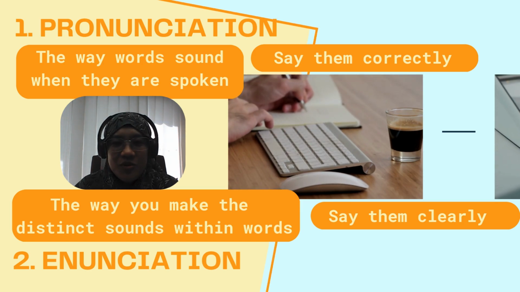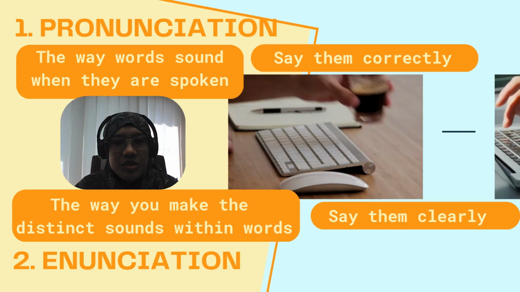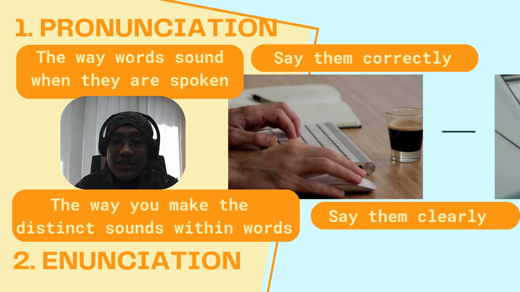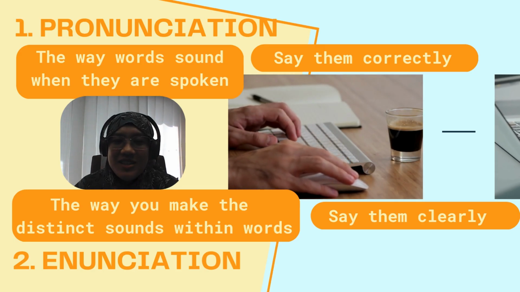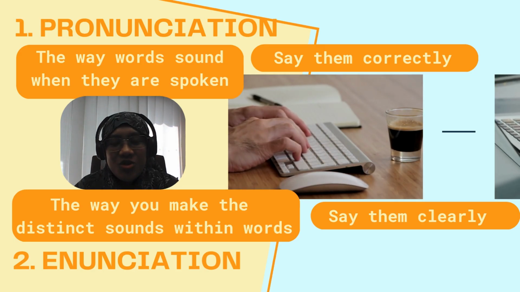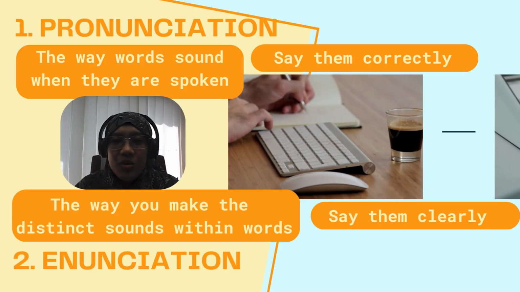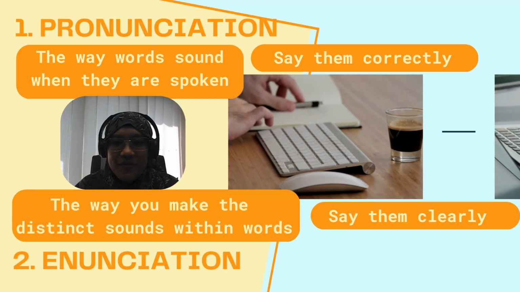This is due to confusion between the base form of the word, which is pronounce, and the noun form of the word, which is pronunciation. So, ladies and gentlemen, if you wish to have an effective presentation, say our words correctly.